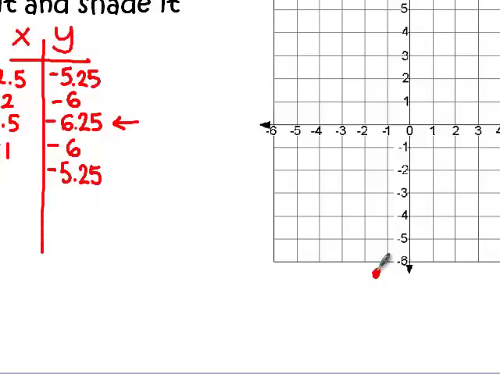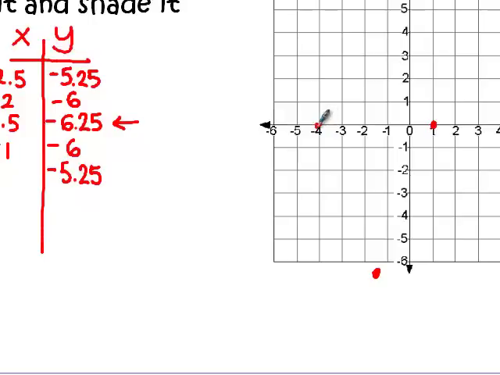And now if you look at your graph, just hit the graph, you can kind of tell where the intercepts are. And mine looks like 1, 0. And it also looks like negative 4, 0.